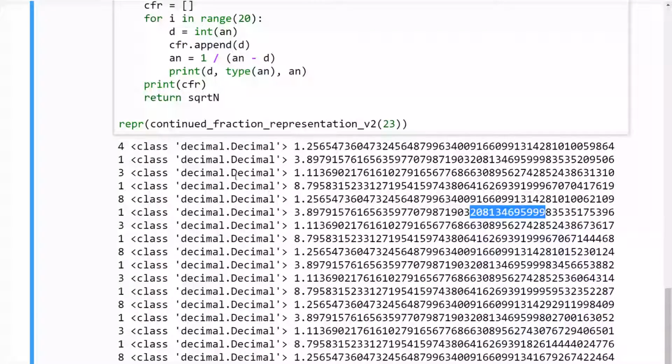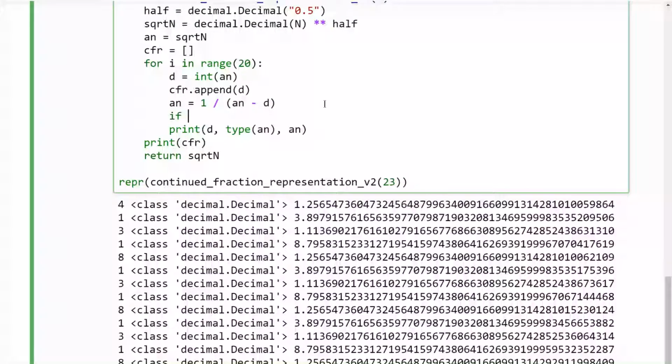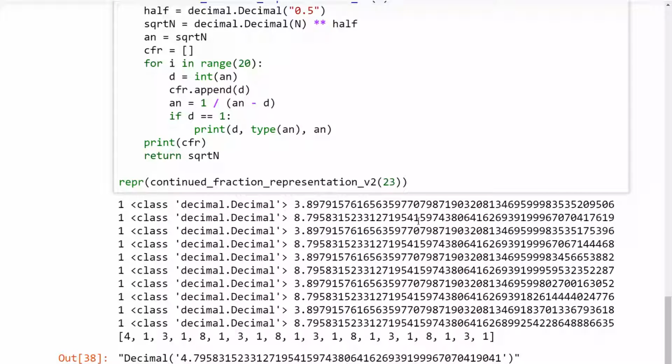Yeah. So we could do something like, if d equals 1, we can compare the values and see how messed up it is becoming. Okay, so let's do if d equals 1. An equal 1?